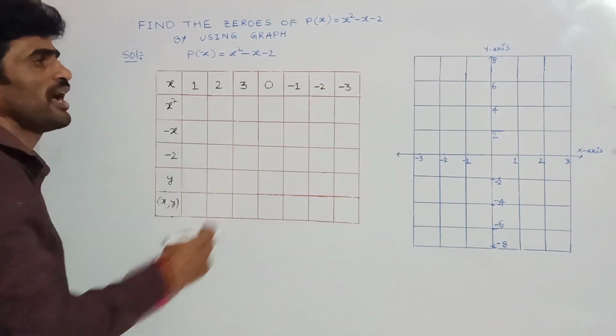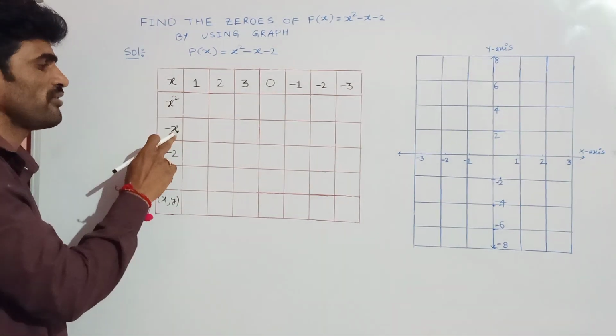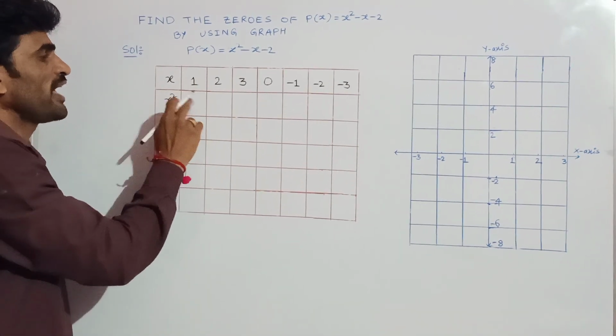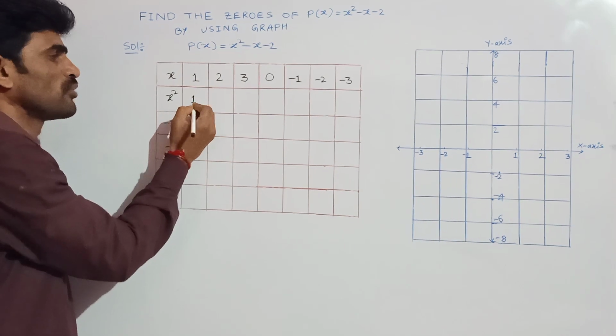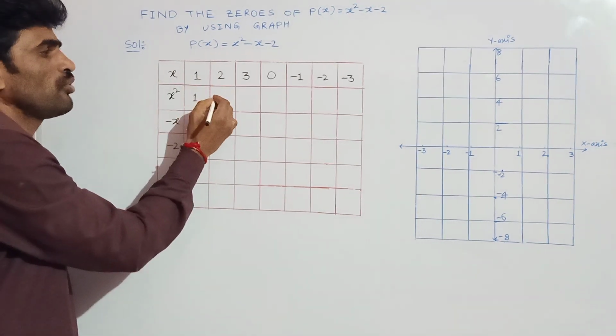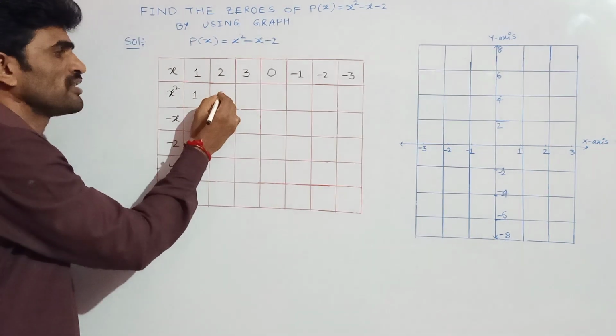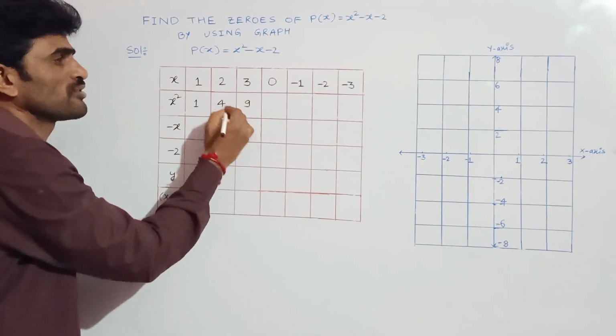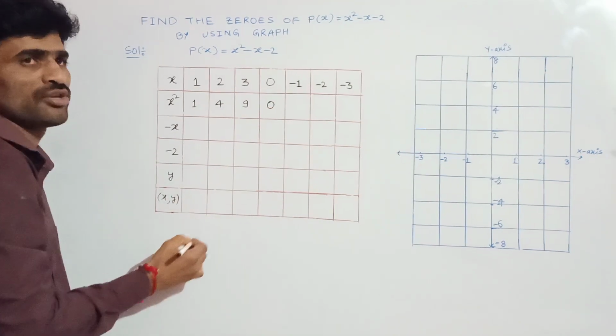Now according to the value of x, we have to find the x square value, the minus x value and the minus 2 value. If x is 1, x square is 1 square, which is 1 only. If x is 2, x square is 2 square, which is 4. When x is 3, 3 square is 9, so x square is 9. Here 0 square is 0.